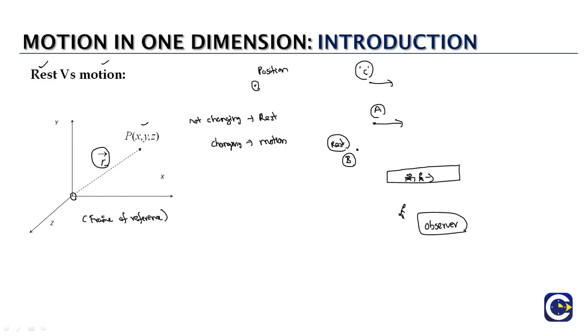With respect to this frame of reference, we are trying to say whether the object is in motion or at rest. So rest is when the position is not changing with time, and motion is when the position of the object is changing with time. These are the two states of any object or particle in terms of observation.